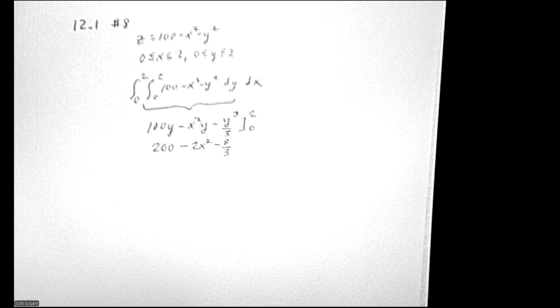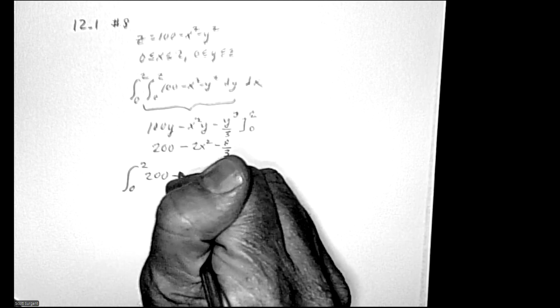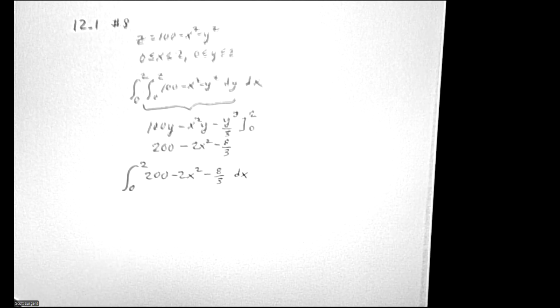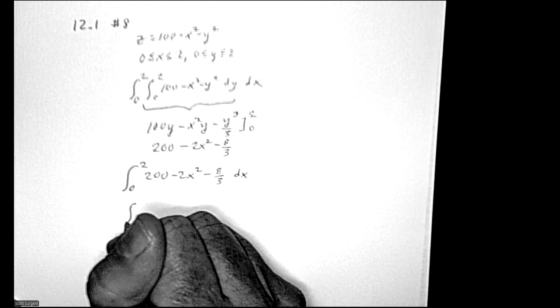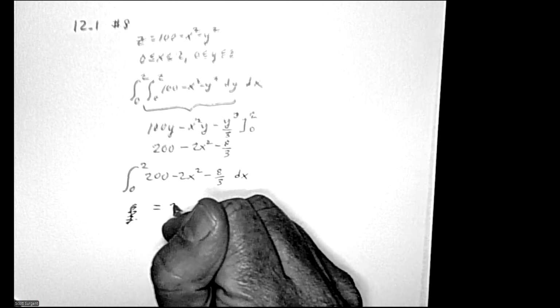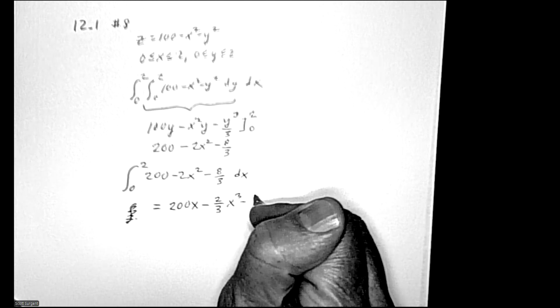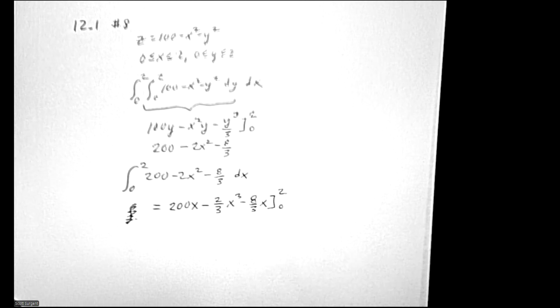And now I'm going to integrate that with respect to x. Now I could combine the constants, but frankly, I'm too lazy. So I get 200x minus 2 thirds x cubed minus 8 thirds x from 2 to 0.